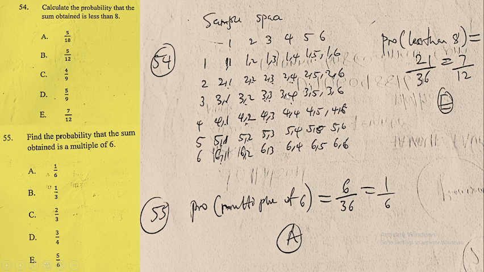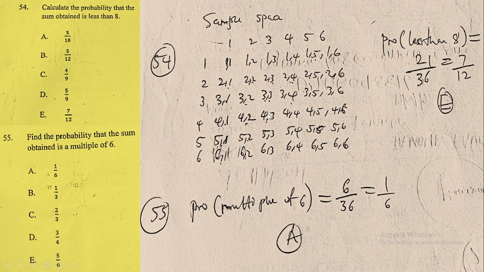Then less than 8, all these ones are part. Then up to this level, sorry, 3 plus 5 is 8 as well. So those ones and this one are not part. So I have 1, 2, 3, 6, 7, 8, 9, 10, 11, 12, 13, 14, 15, 16, 17, 18, 19, 20, 21.